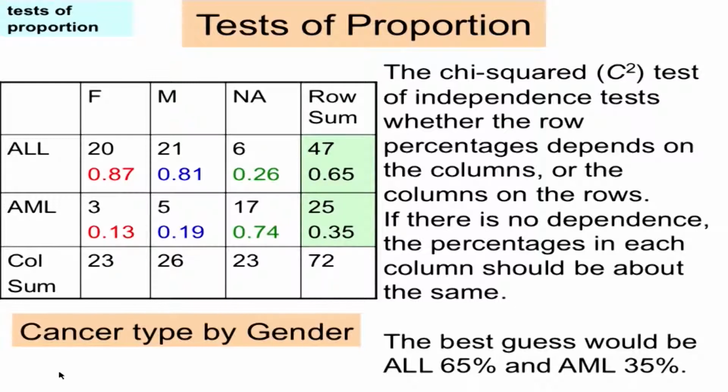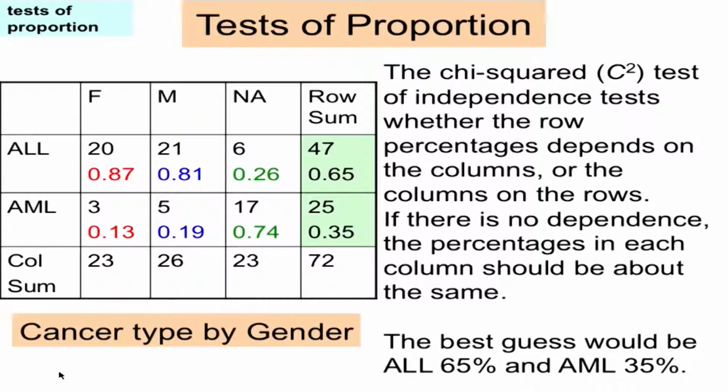So the way that works is we say, well, suppose that odds ratio was 1. What would you expect these counts to be? Okay? And what you expect is that 65% of all of the patients have ALL. So if there's no gender effect, 65% of the females should have ALL, and 65% of the males should have ALL, right?